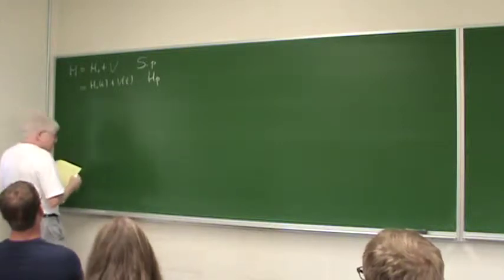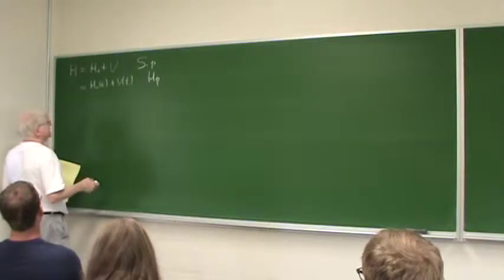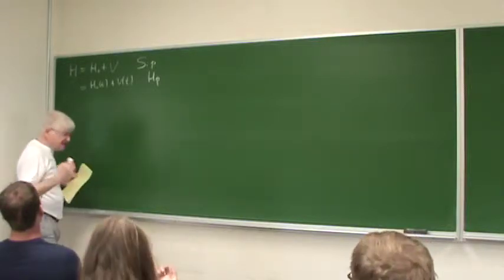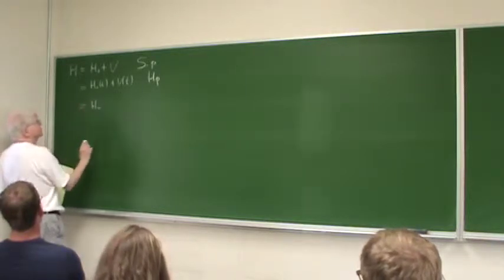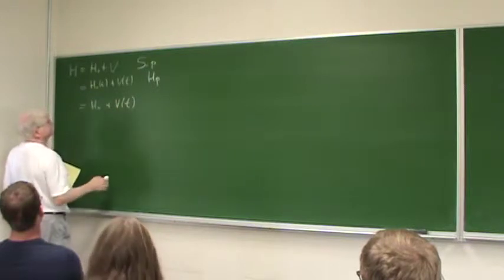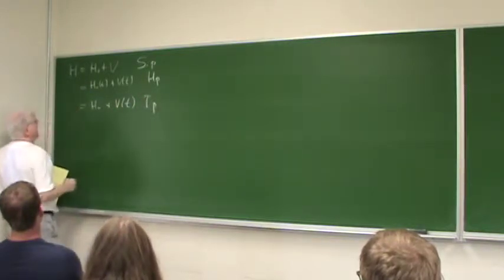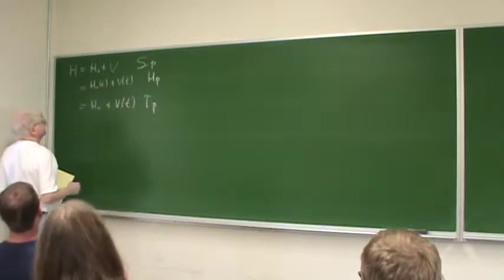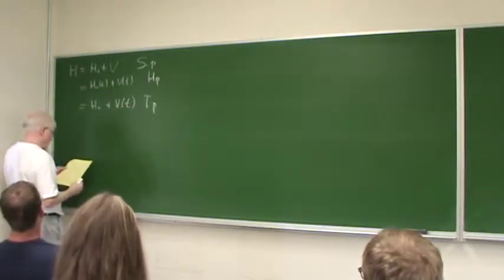Now, in the interaction picture, the operators acquire the free field time dependence, and so H is H0, independent of time, plus V of t in the interaction picture. So that's what we'll be dealing with.